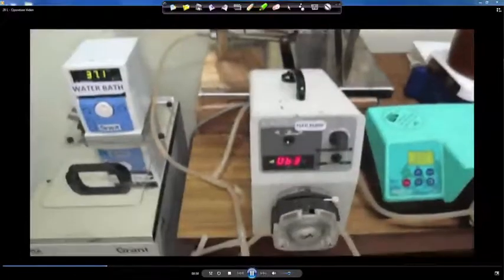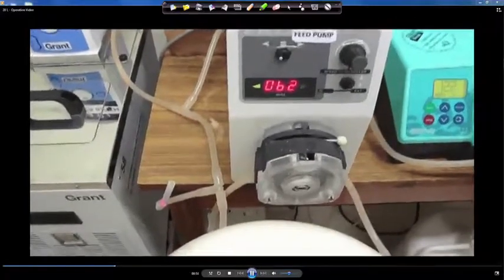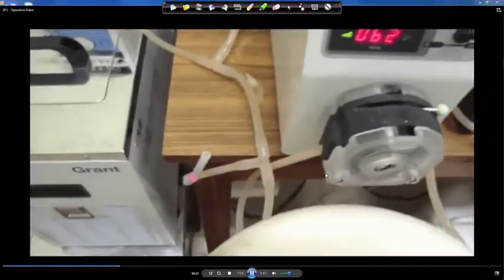First is the feed tank, where you take the raw materials, and this is the peristaltic pump, and this is how the peristaltic pump is in operation. You can see this is the way we can aseptically transport the feed from the feed tank to the reactor.